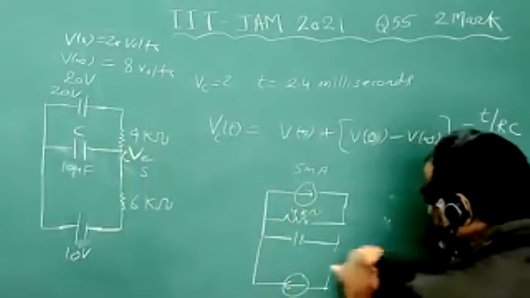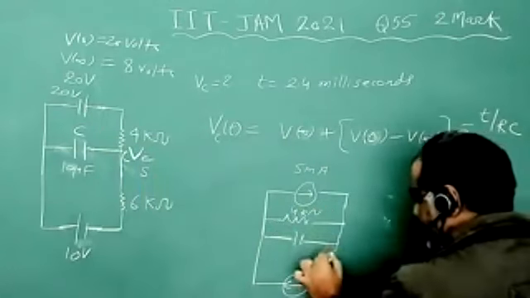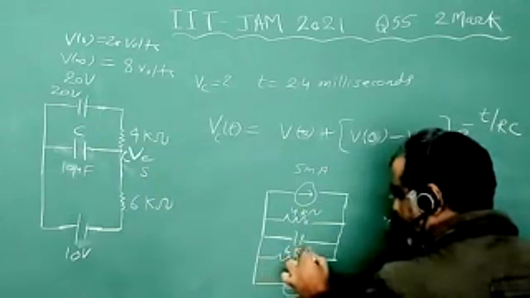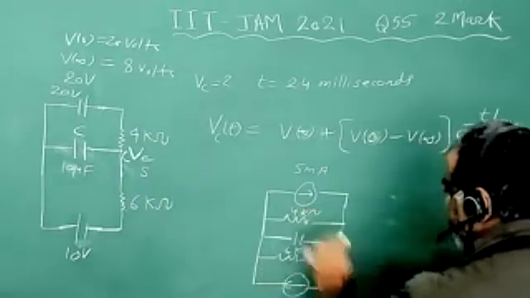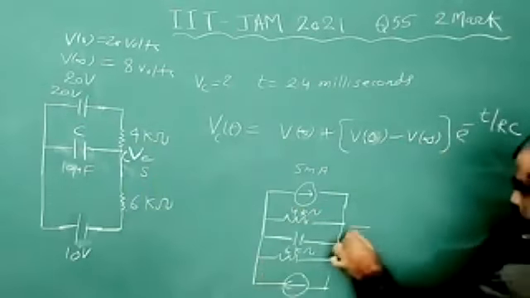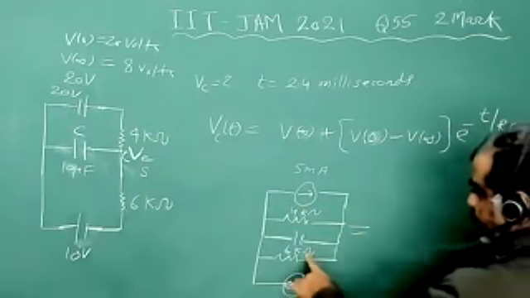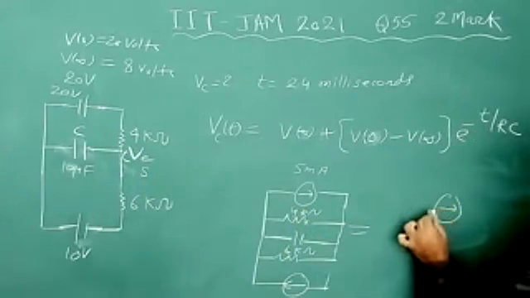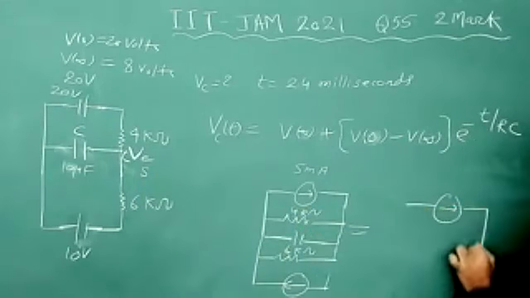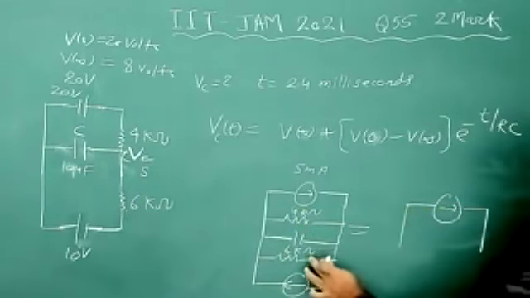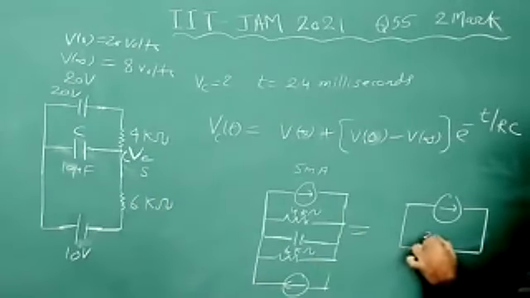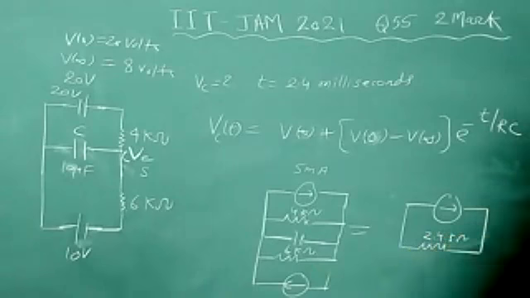Similarly, this resistance will also go into parallel, so this becomes 6 kilo ohm. Now these two resistors are in parallel, so this circuit simplifies to the equivalent of these two resistances. 4 into 6 equivalent will be 2.4, so this becomes a 2.4 kilo ohm resistance.